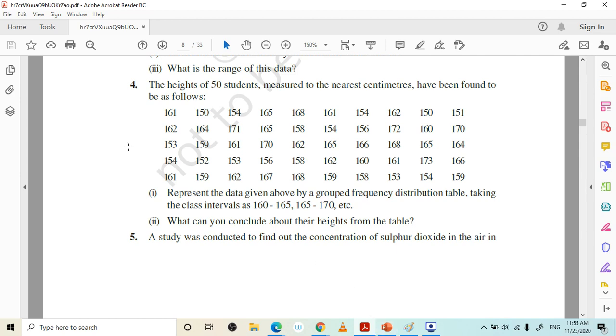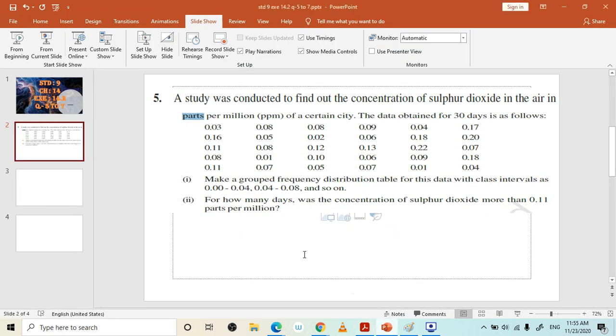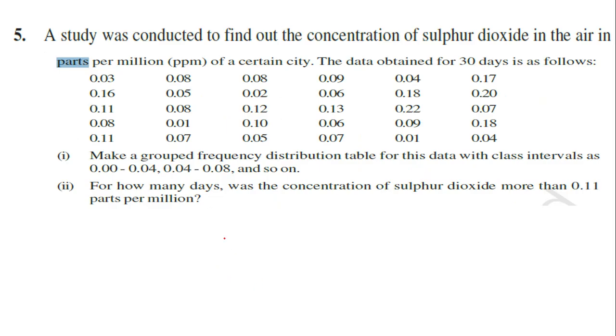So your class interval is going to start from 150. Your class intervals should be like this: 150 to 155, then 155 to 160, 160 to 165, as well as 165 to 170, and 170 to 175.